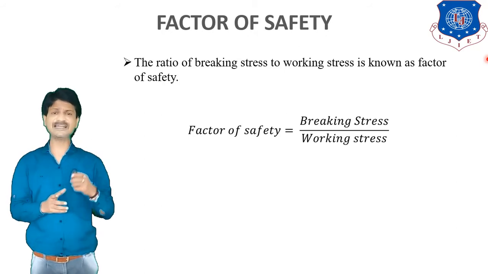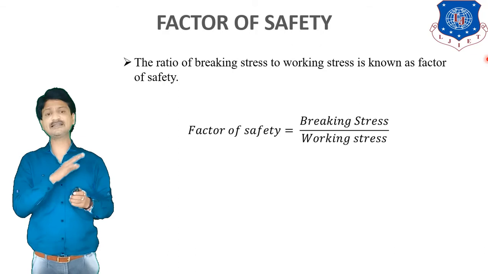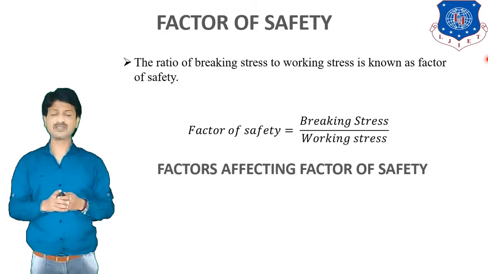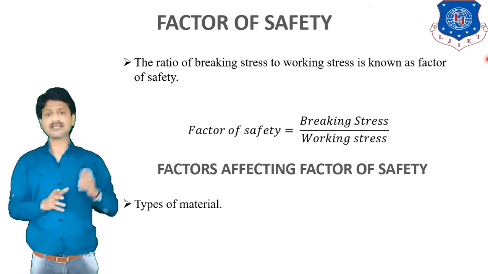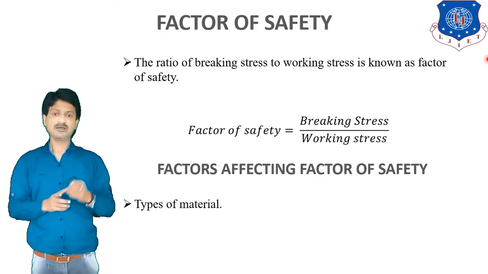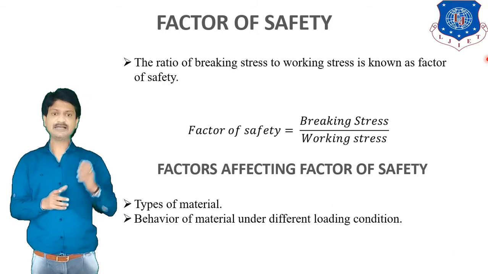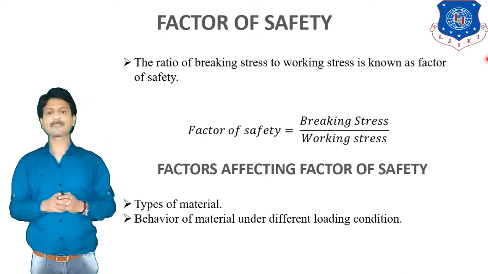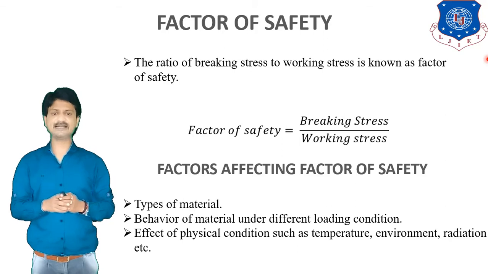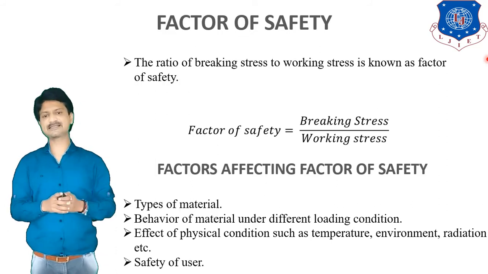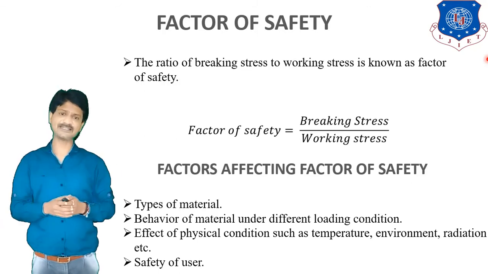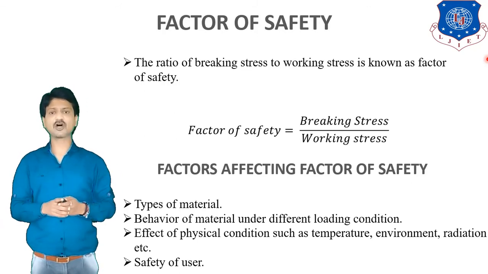There are different factors that affect the factor of safety. It depends on the type of material, behavior of the material under different loading conditions, effect of physical conditions such as temperature, environment, etc. And last but not the least, the safety of the user. So these are the factors that affect the factor of safety.